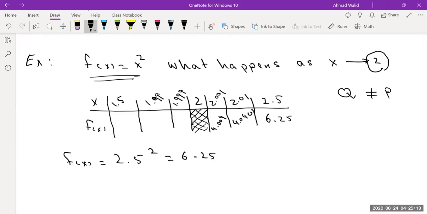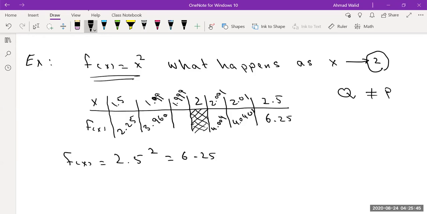Also, from the left side, if you plug in 1.5 in your function, it gives you 2.25. If you plug in 1.99, let's see how much it is. I didn't plug it before. 1.99, and I square 1.99. It gives me 3.9601, right?